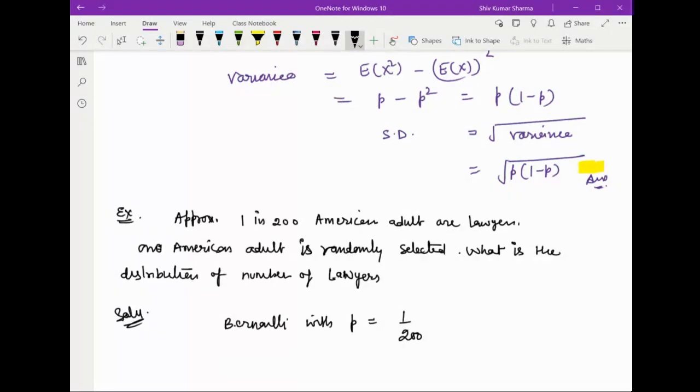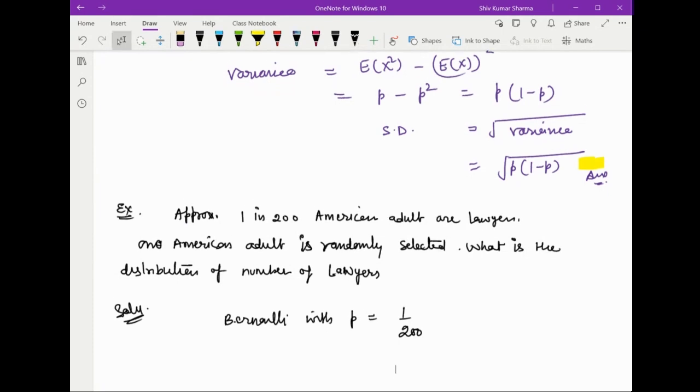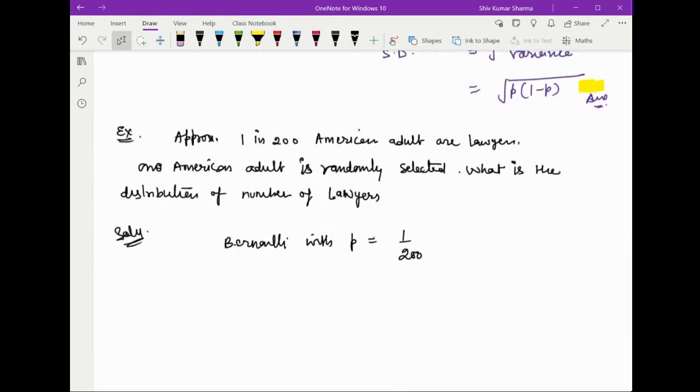The probability of success: in 200, 1 is a lawyer, so that means 1 by 200. So you can write it as the Bernoulli distribution. What is the distribution for the number of lawyers?